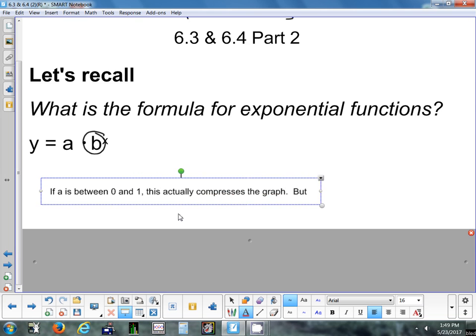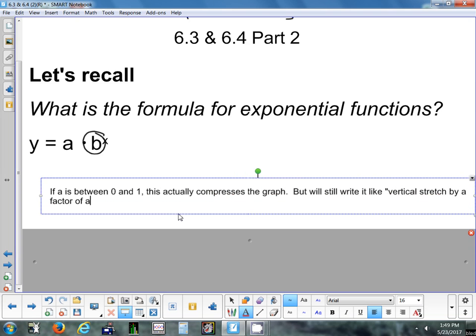Whatever the little x is attached to, that's your b value. If b is greater than 1, that's one criterion we looked at. Another criterion is when b was between 1 and 0.